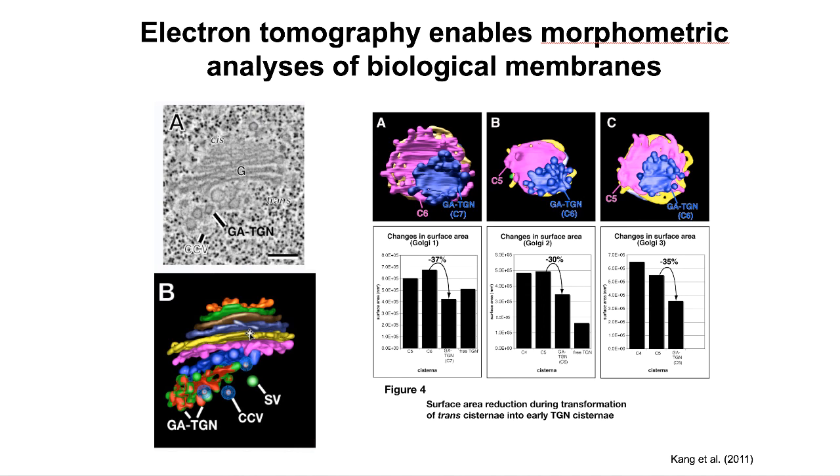For example, in this trans-Golgi network, some area of the membrane is colored in green. This area in the TGN corresponds to the segment of the membrane whose curvature matches the radii of secretory vesicles, suggesting that these are the areas in the TGN where secretory vesicles are budding out.